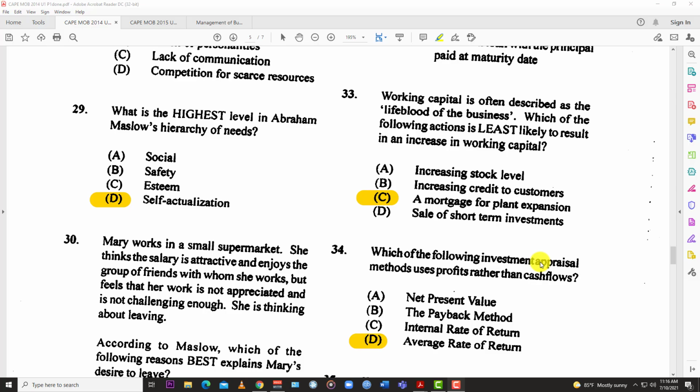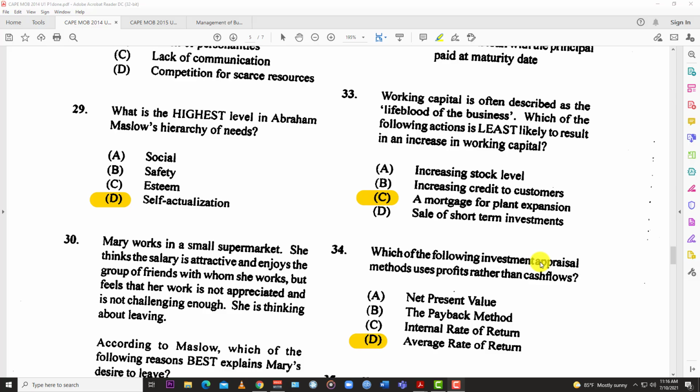So increasing credit to customers, they don't tell us the period, but if you have more people out there owing you, your debtors are a form of current asset, and so accounts receivable is part of working capital, because working capital is our current assets minus current liabilities. Then we have the sale of short-term investments. Of course, selling them, you get the money one time, injecting money into the company, so that can help you to increase the working capital.